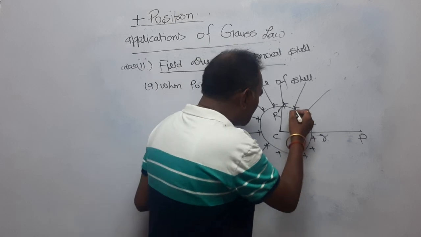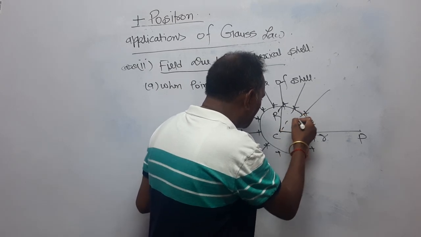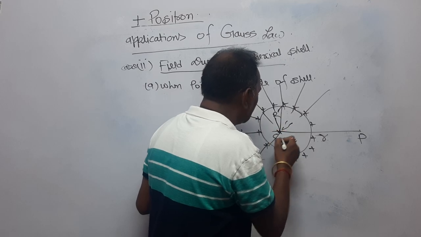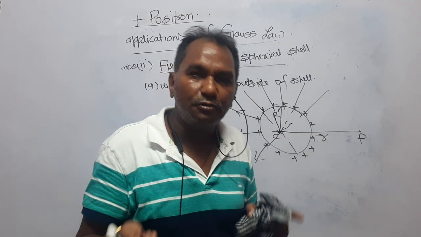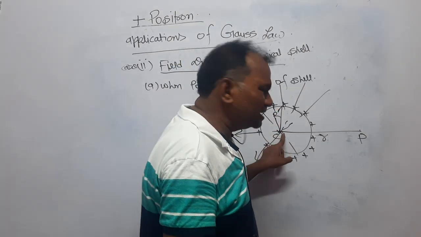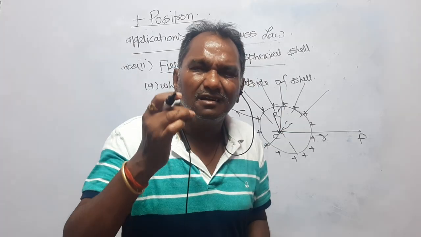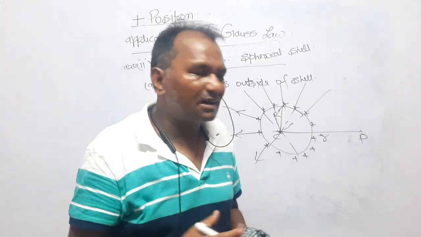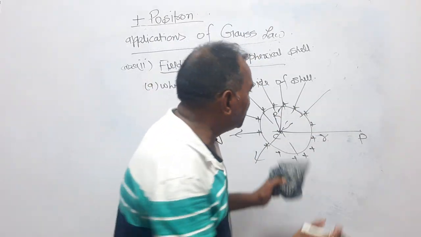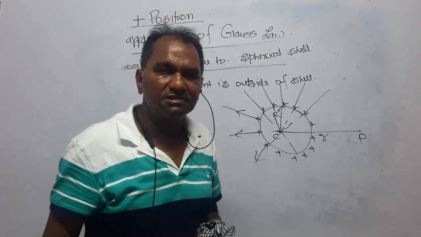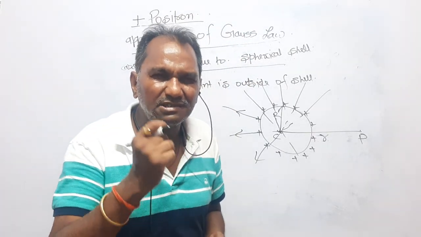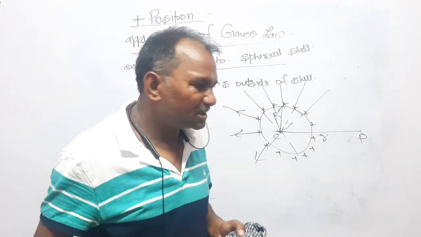And if these fields are produced back, they will meet actually at the center. It means when point is out of the spherical shell, it appears that the field lines are coming out from the center.